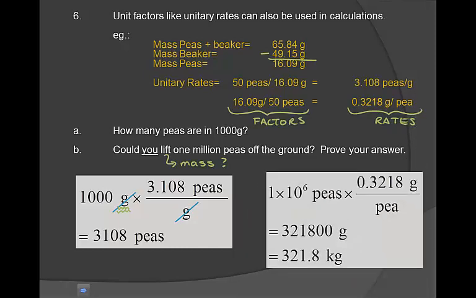I need to have the unit on the top and on the bottom in order to be able to cancel it off. So notice 1,000,000 peas at 0.3218 grams per pea is going to work out to 321,800 grams. In other words, 321.8 kilograms. That's more than any of the Olympic weightlifters were able to lift. So even the strongest of you, I'm imagining that's a no-go.